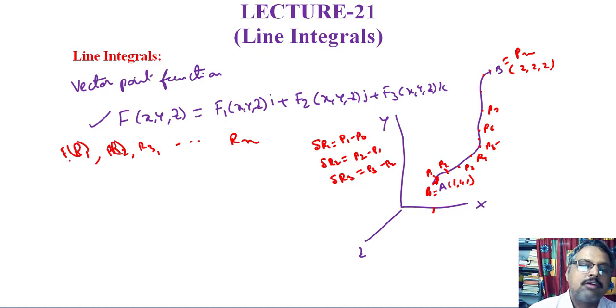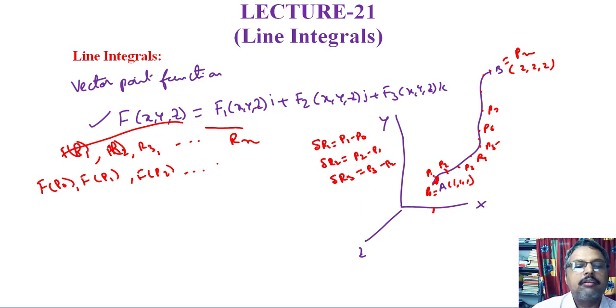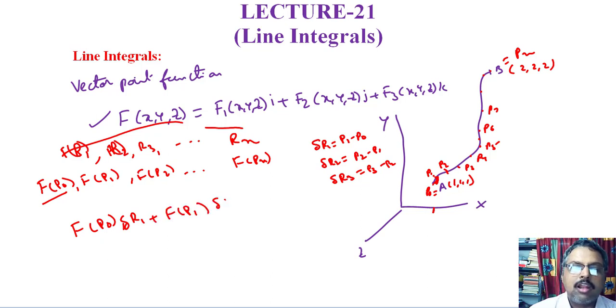And this is the corresponding function value f of r: f of P0, f of P1, f of P2, and so on up to f of Pn. Now multiply the function value and the length: f of some point Pi between these two points, into delta R1, plus f of P1 into delta R2, and so on, plus f of some Pn into delta Rn.